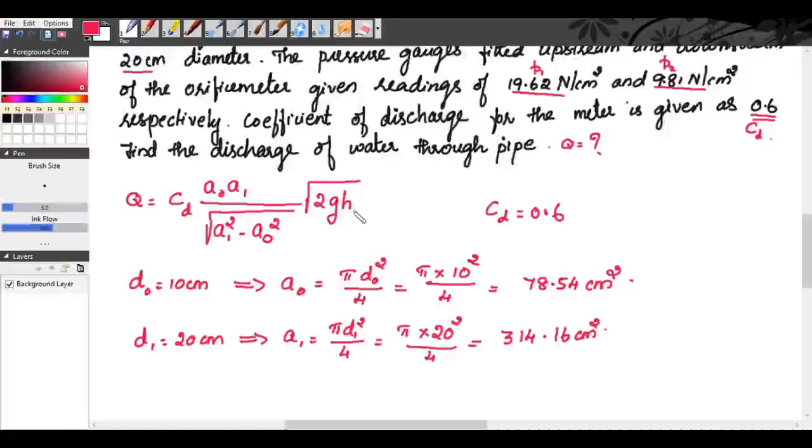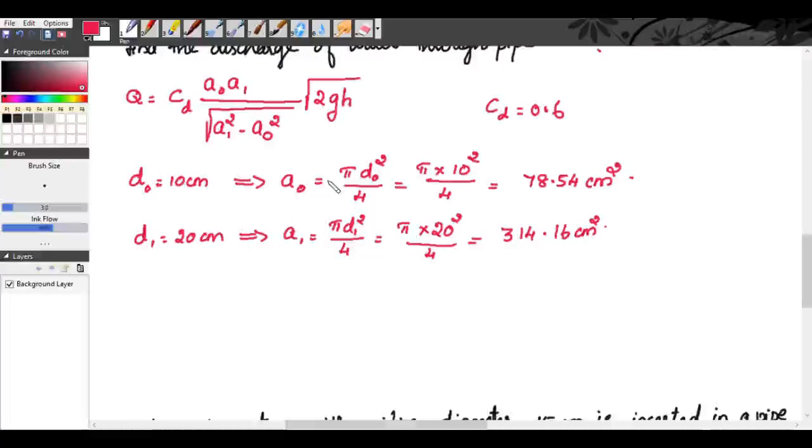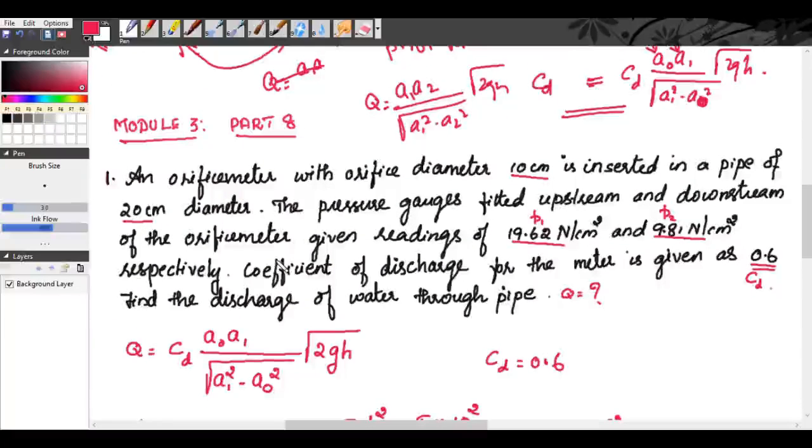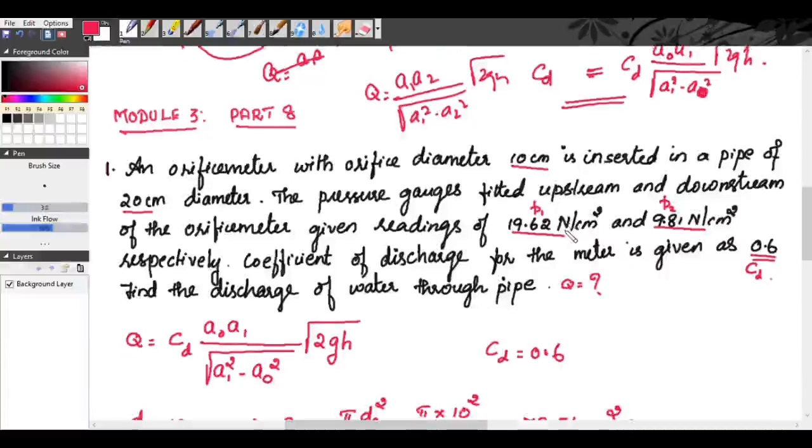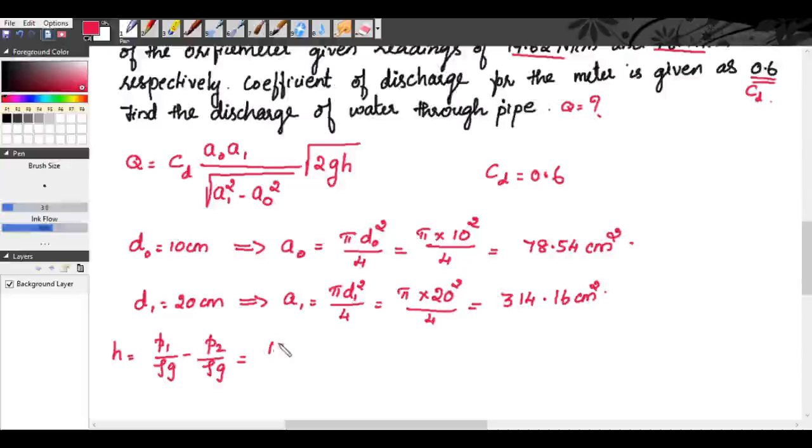Now we need to find H. H is the difference in pressure head, that is P1 by rho G minus P2 by rho G. P1 is given as 19.62 Newton per centimeter square, so 19.62 into 10 raised to 4 Newton per meter square, minus P2, which is 9.81 into 10 raised to 4 Newton per meter square.